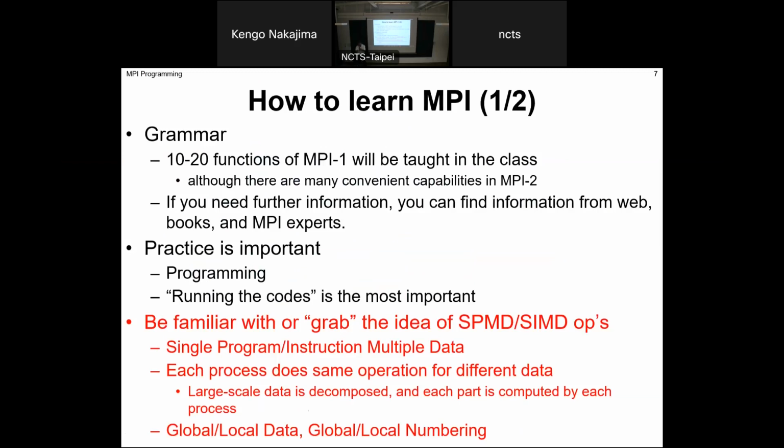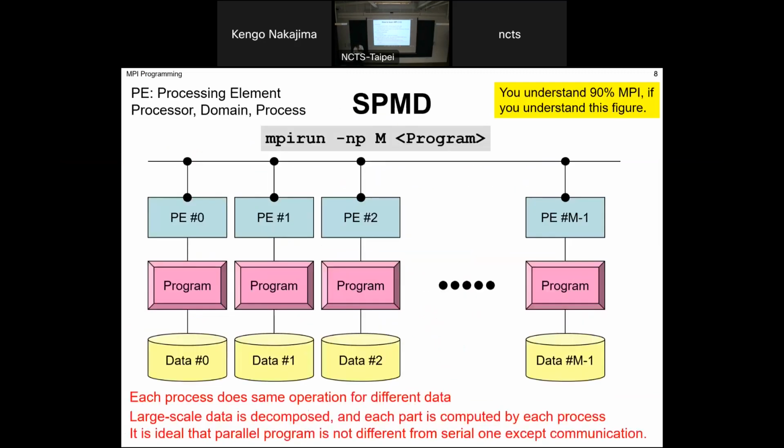If you want further information, you can find it on websites and from MPI experts. Practice is very important, and this is programming, so you can also start from running the code. You should be familiar with, or grasp the idea of, SPMD operations, which I showed this morning in this picture.